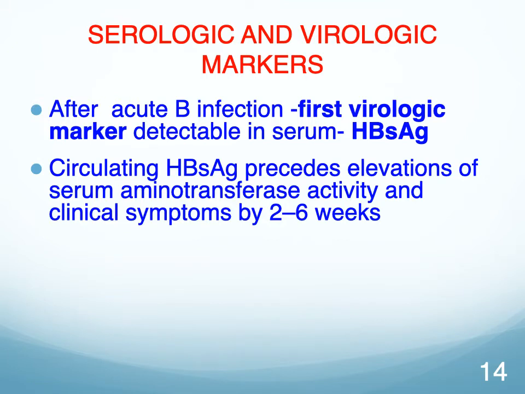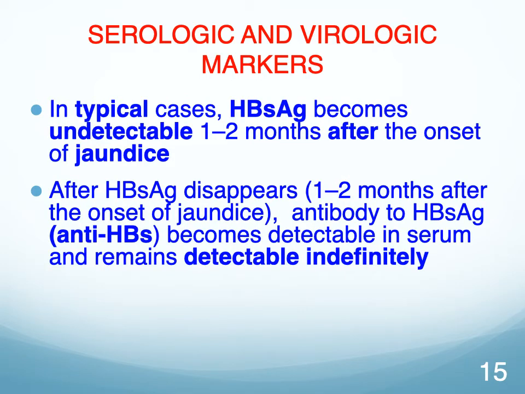After acute hepatitis B infection, we have mentioned also the first virologic marker to be found is the S antigen. In typical cases, HBs antigen becomes undetectable 1 to 2 months or 4 to 8 weeks, as we have mentioned, after the onset of jaundice.